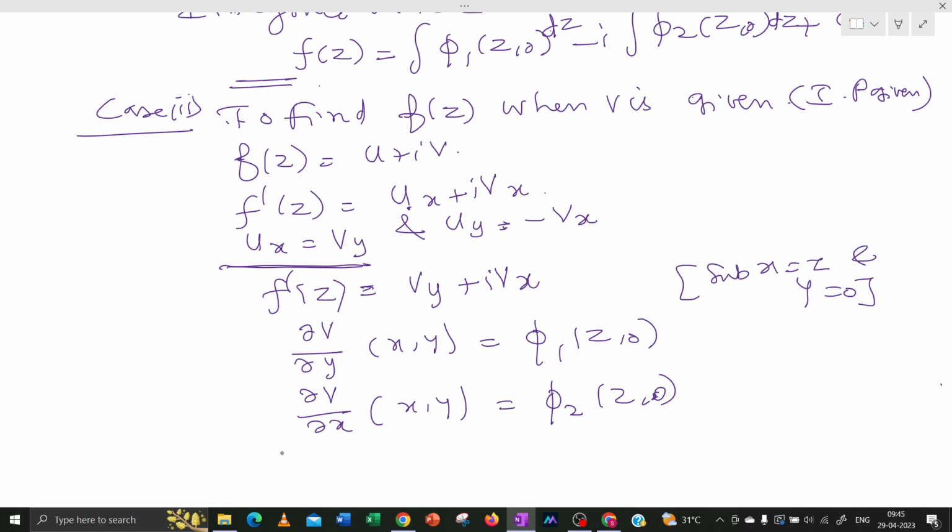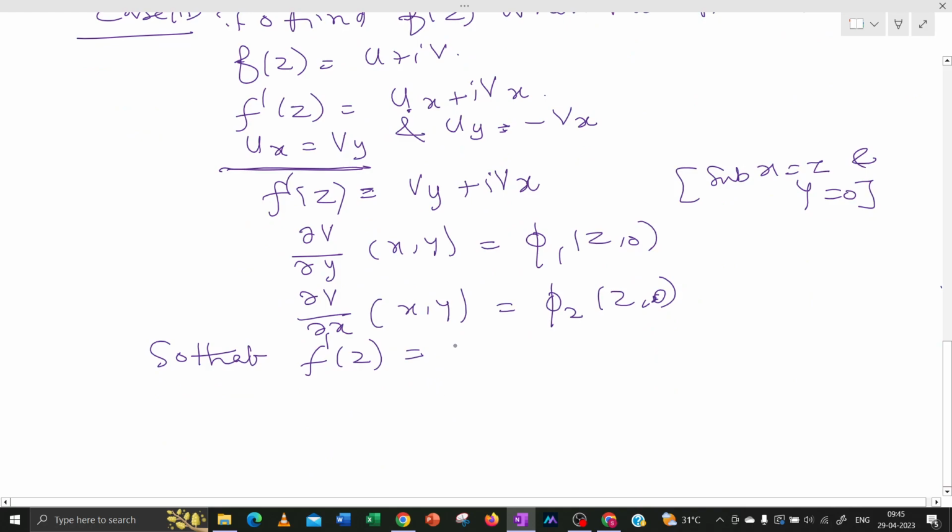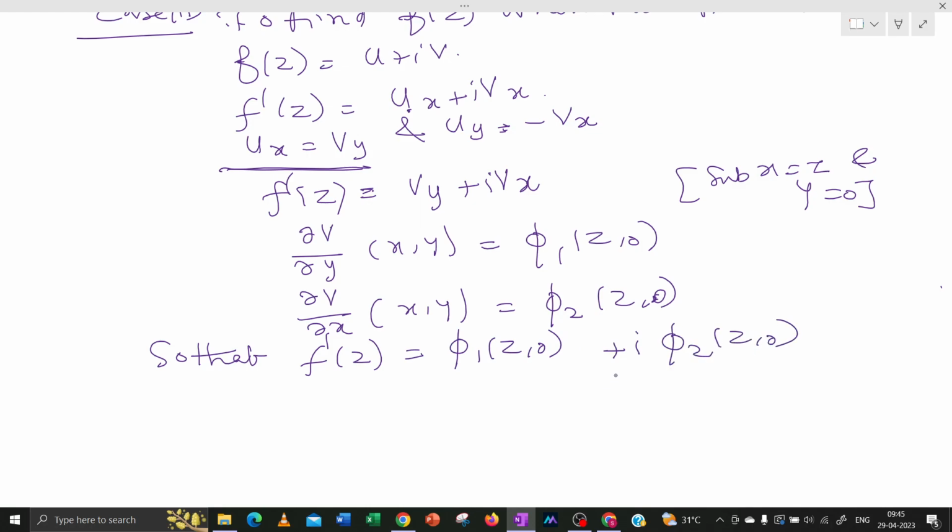So what is f dash of z? Substituting vy and vx here, you will get phi 1 of z comma 0 plus i into phi 2 of z comma 0.